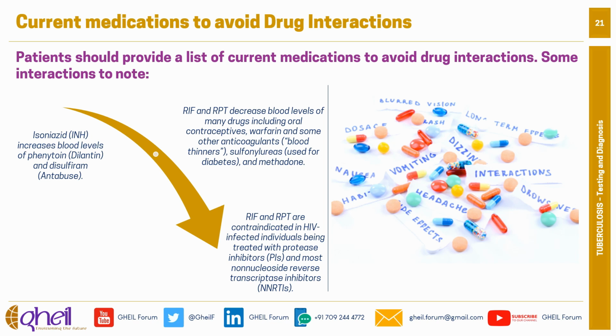RIF and RPT decrease blood levels of many drugs including oral contraceptives, warfarin and some other anticoagulants, blood thinners, sulfonylureas, used for diabetes, and methadone. RIF and RPT are contraindicated in HIV-infected individuals being treated with protease inhibitors, PIs, and most non-nucleoside reverse transcriptase inhibitors, NNRTIs.